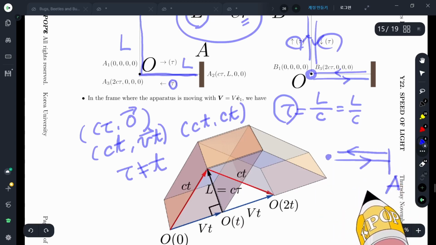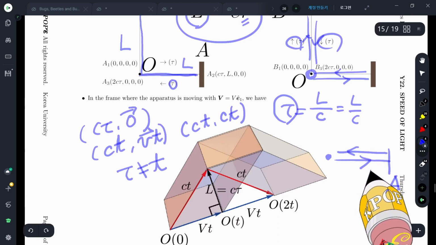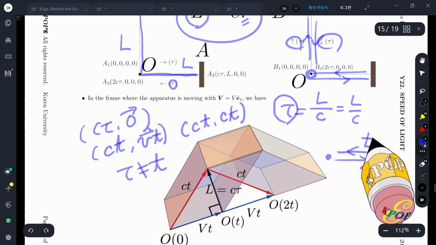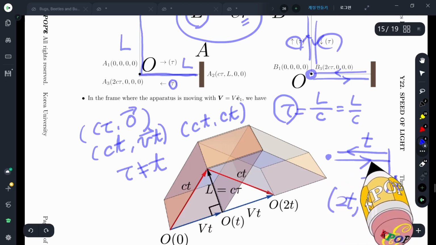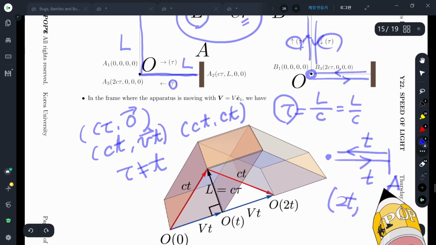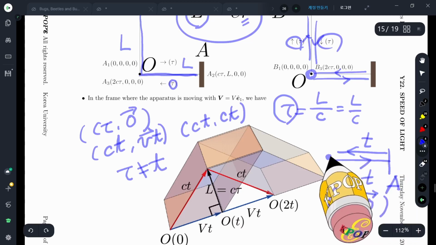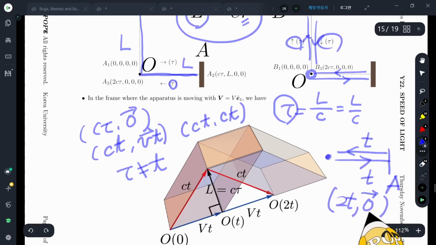Because of the symmetry, these two times t must be the same. It takes 2t. However, after this round trip, the displacement of the light at the final stage is the same as at the initial stage.